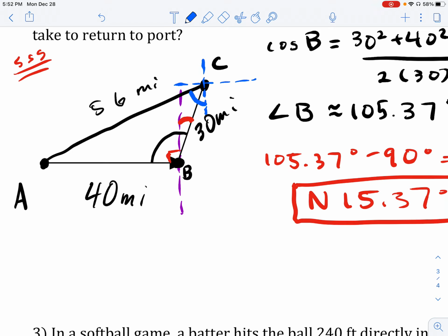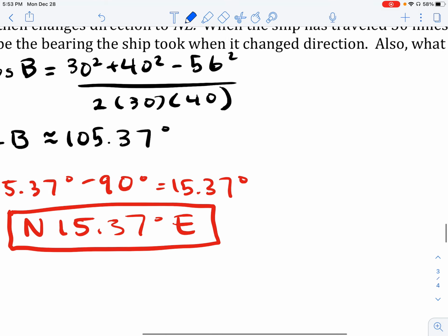At first this might seem a little unwieldy, but there are a couple of things we can do here. It would probably make sense to use the law of cosines to find angle C, because if I find angle C, at least we'll find part of that bearing, and maybe I can use some geometry to figure out the remaining part. So let's go ahead and do that.